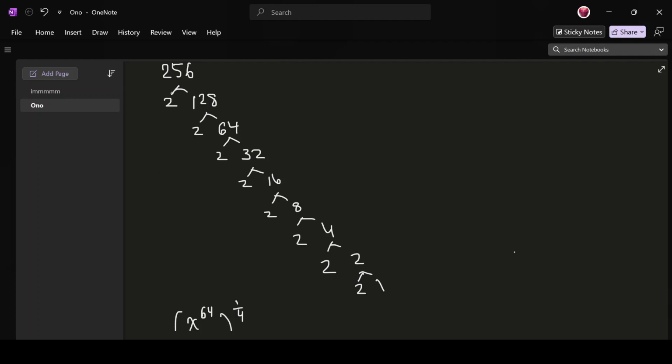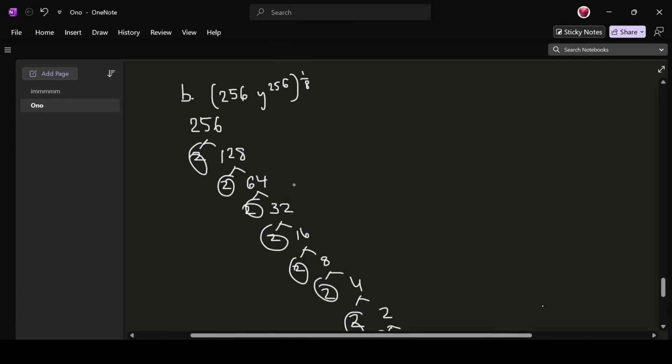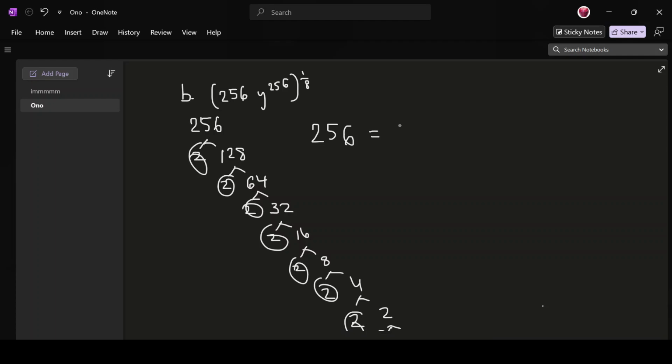So how many 2's are there? 1, 2, 3, 4, 5, 6, 7, 8. There are 8 2's. So from this information, we can get that 256 is equal to 2 to the power of 8, because this is 2, and there are 8 2's.